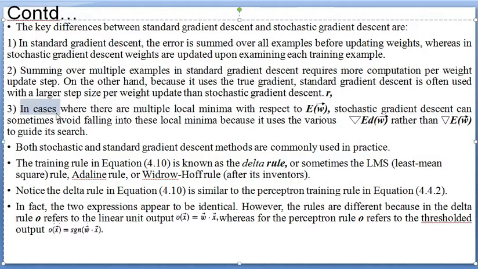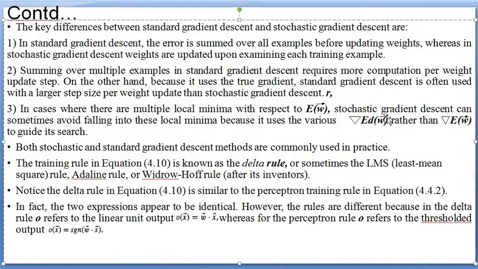The third is in cases where there are multiple local minima with respect to error, stochastic gradient descent can sometimes avoid falling into the local minima because it uses the various error functions with respect to individual examples rather than the error function with respect to the whole dataset to guide the search.